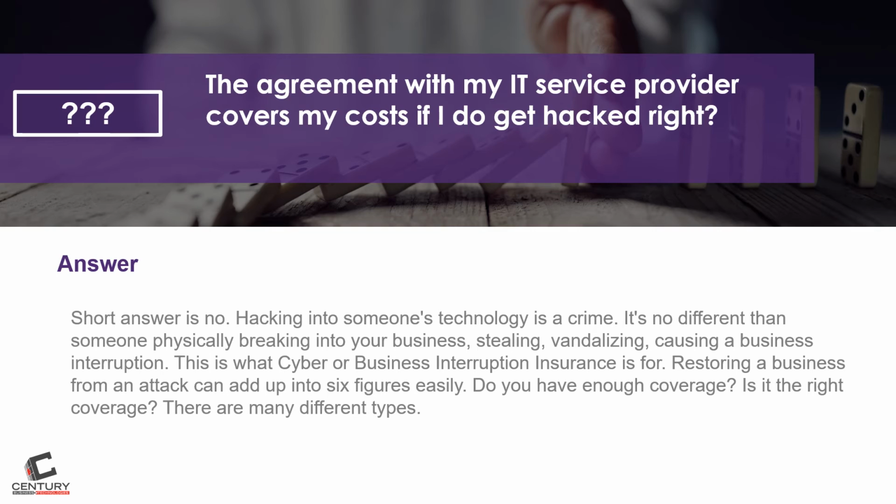Some specific coverage areas are not at that full $250,000. Some of them may be at $10,000. And are you prepared to pony up the difference in the costs depending on what you need to do in order to recover from a breach?